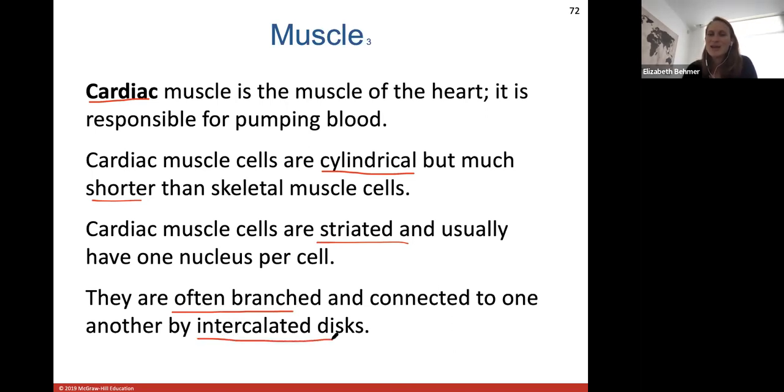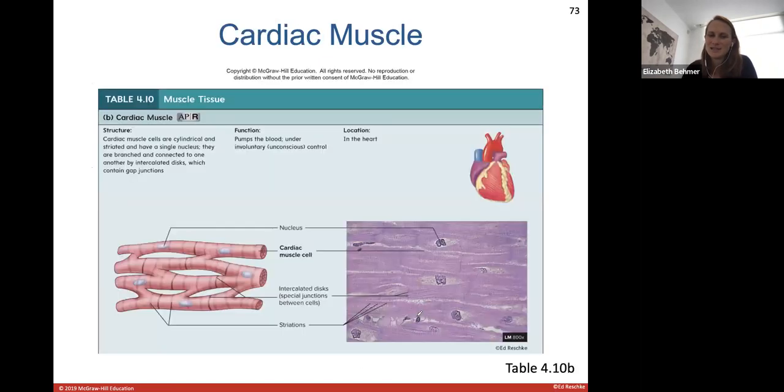I mentioned how gap junctions are important in your heart to help your heart cells contract as a unit. And those specific gap junctions between cardiac cells are intercalated discs. You can see here we still see striations in your cardiac muscle cells. We have the nuclei pushed off to the side, but we have branching occurring, kind of Y-shaped. So here we have 1 cardiac muscle cell going up and 1 going down.